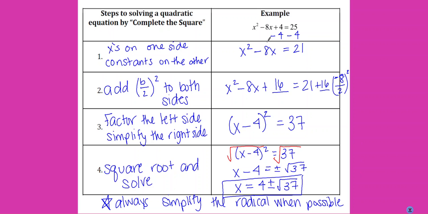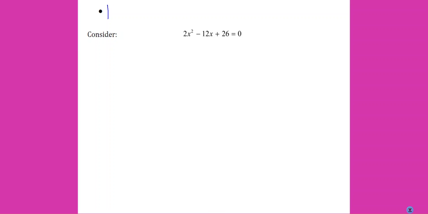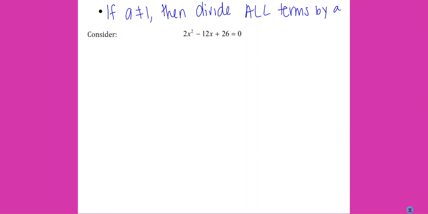Now in this example, our equation just started with x squared. We had an a value of 1. If a does not equal 1, then divide all terms and make sure you divide everything by the a value.